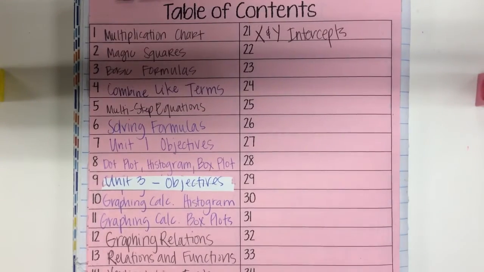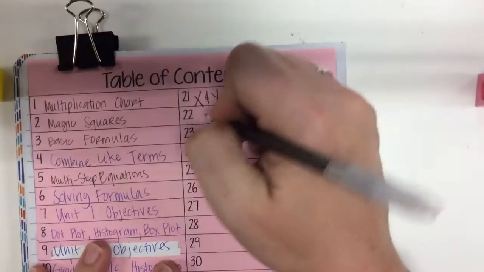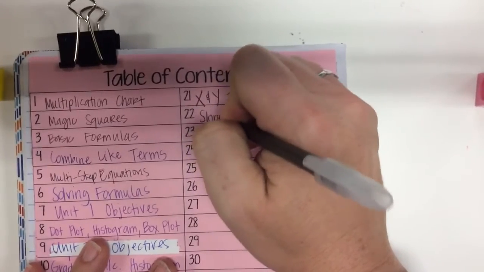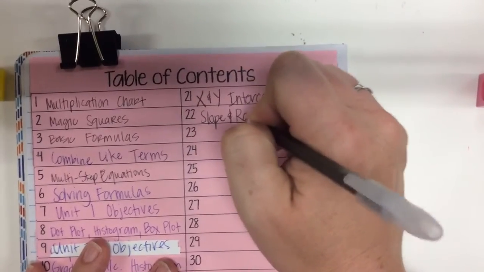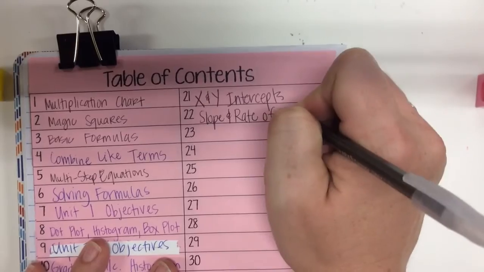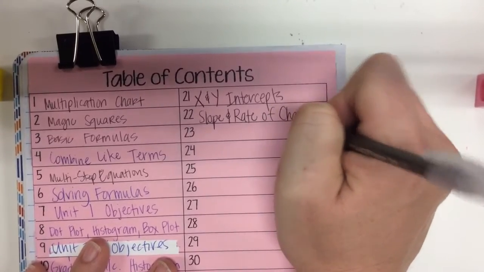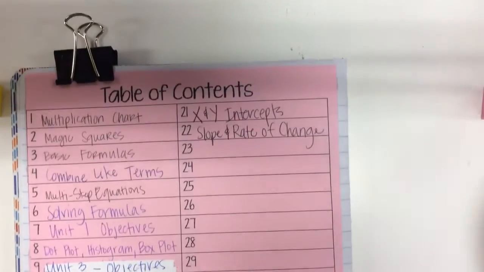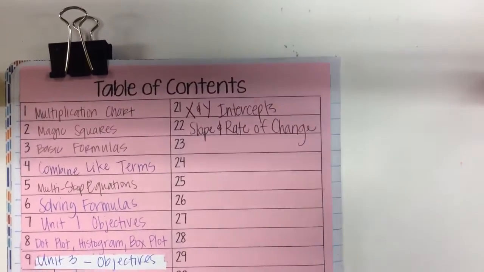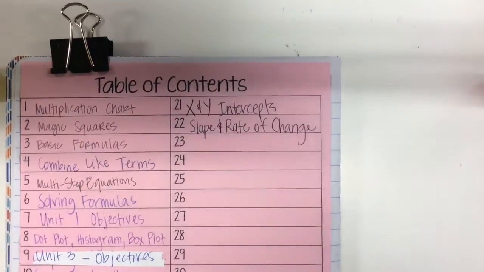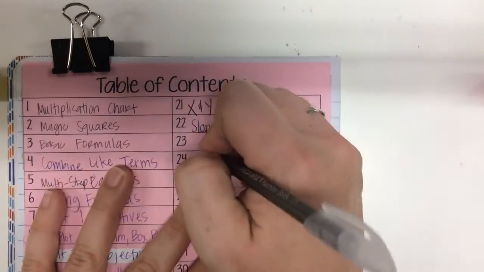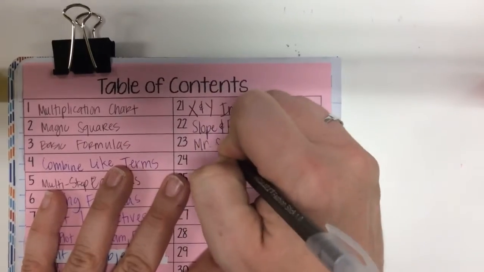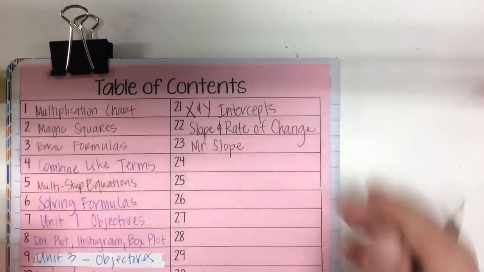Okay, 22 is going to be slope and rate of change, and 23 is going to be Mr. Slope.